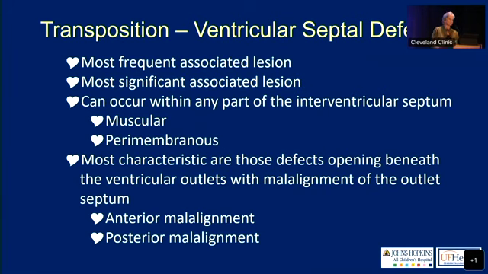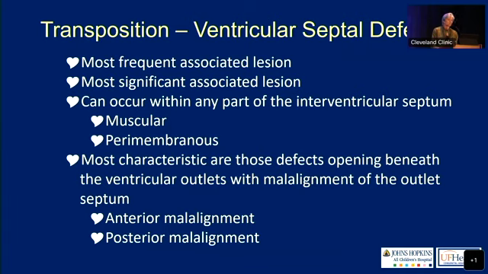It's important to know that ventricular septal defects can occur in any part of the interventricular septum, so they can have totally muscular borders, or they can extend to become perimembranous, or be located in the muscular component of the septum adjacent to the membranous septum.